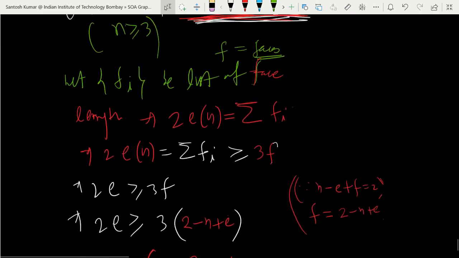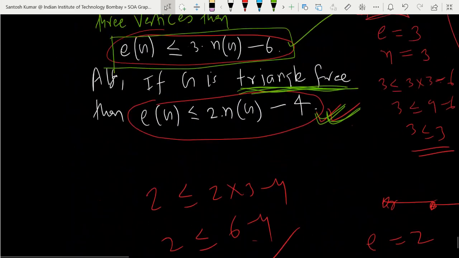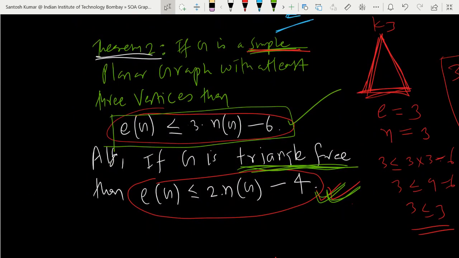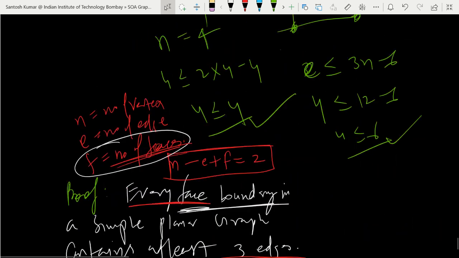Now let's prove the other part. The second part was that G is triangle free. What do we mean by triangle free? It will not have K3 as a subgraph. So each face will contain at least four edges bounding it.